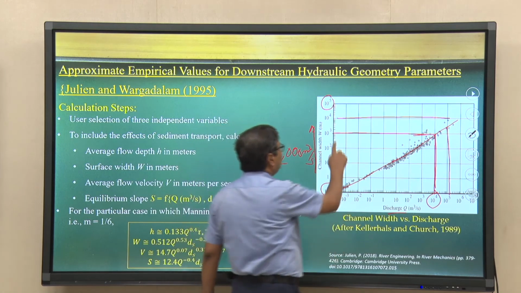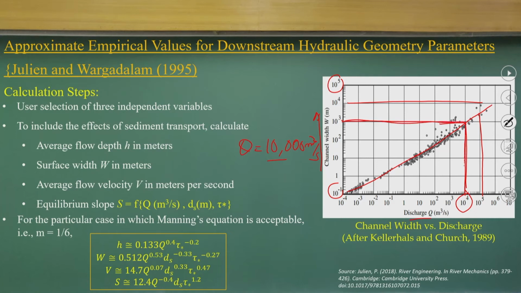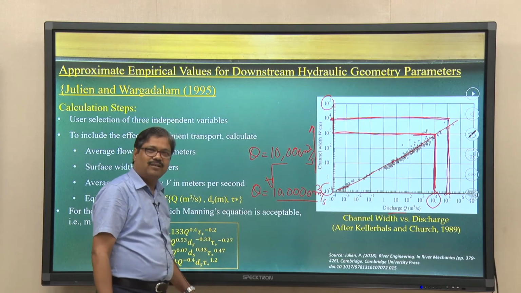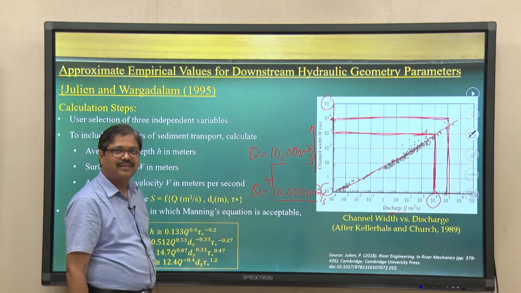If the width of the river is 1 kilometer, the discharge can be as high as 10,000 meter cube per second, which is normal for the Brahmaputra river. If the width increases up to 10 kilometers, the discharge can go up by a factor of 10, that means 0.1 million or 1 lakh meter cube per second.